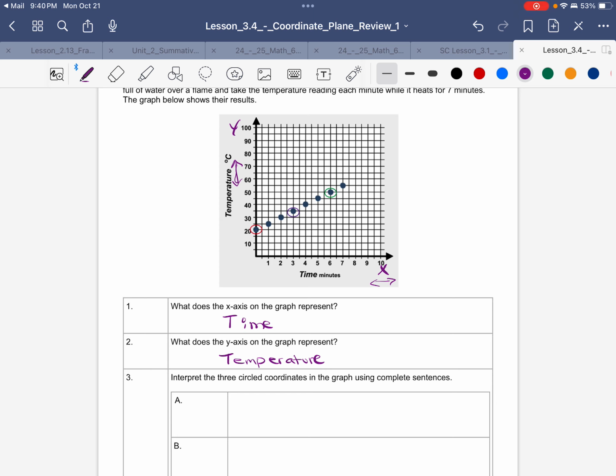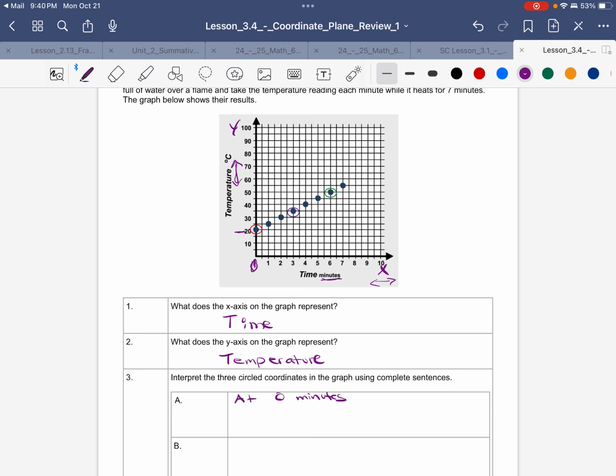So if we were to look at this, this means that right here, this would be 0 minutes. The temperature of the water was 20 degrees Celsius. So we can write that in a sentence. At 0 minutes, so basically before we started heating it, they measured it before. So at 0 minutes, I know it's minutes because look, here's my units.